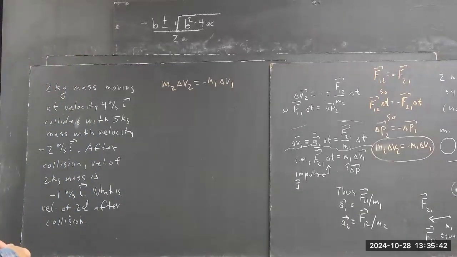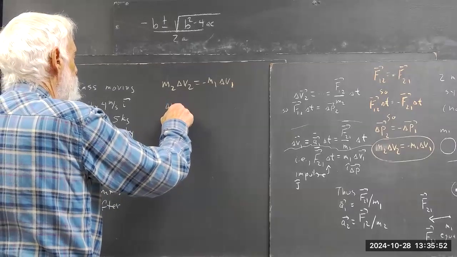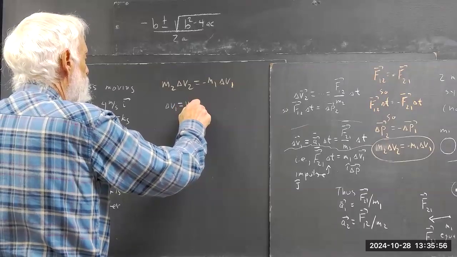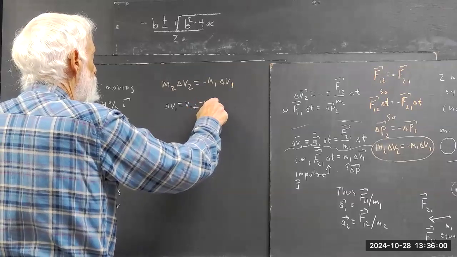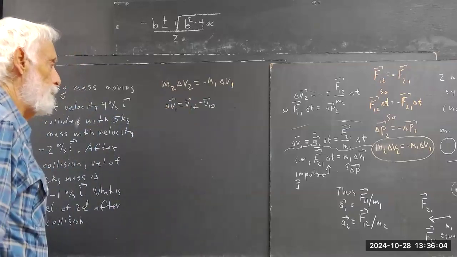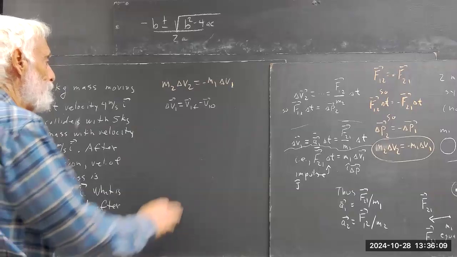Now, our information says that delta V1, that's not 10, that's V1 0.